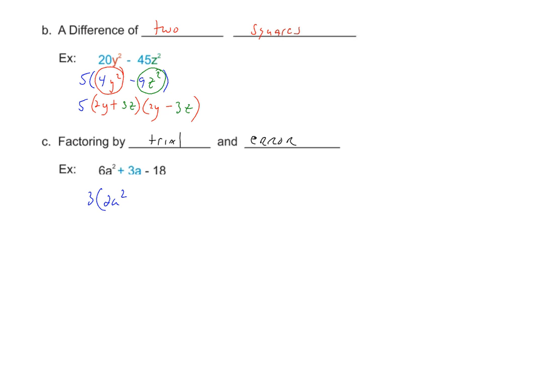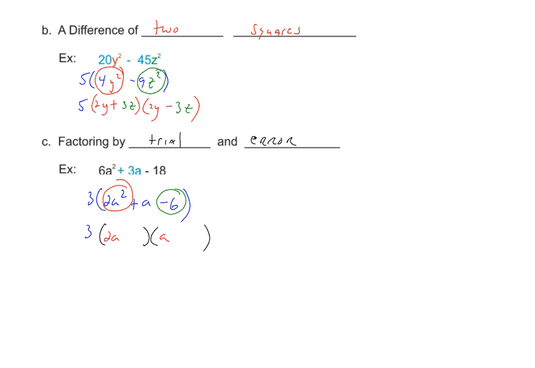So that leaves you 2a squared plus a minus 6. Now I'm going to look to factor the trinomial into two binomials. Remember, the fronts have to multiply to the front. So 2a and a, that's the only possibility in this situation. Be careful, it matters where we put the back terms.